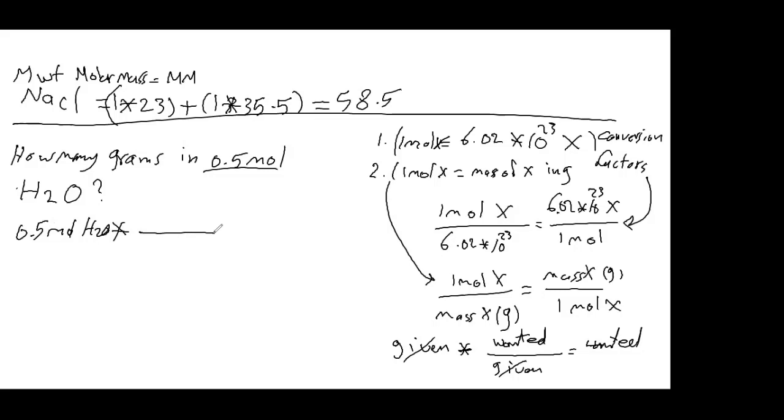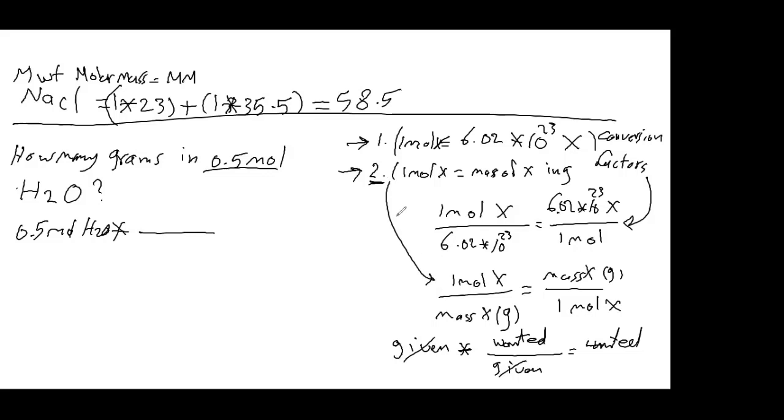Now you have to think which one you will use: factor 1 or factor 2, the number or the mass? Look at the information in the question. They give you moles and they are asking for the mass. So I will use factor 2 here, which is 1 mole gives me mass. They didn't ask for the number. If they ask for the number, I will use factor 1. But here they are asking for the mass, so you will use this factor.